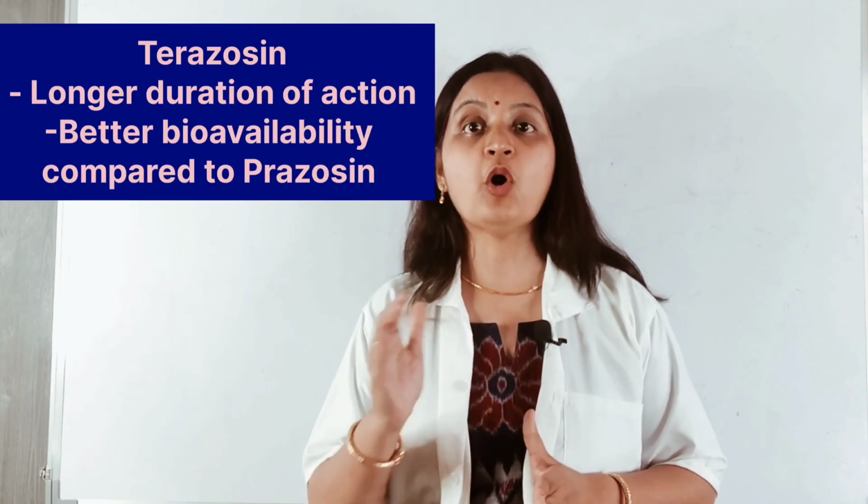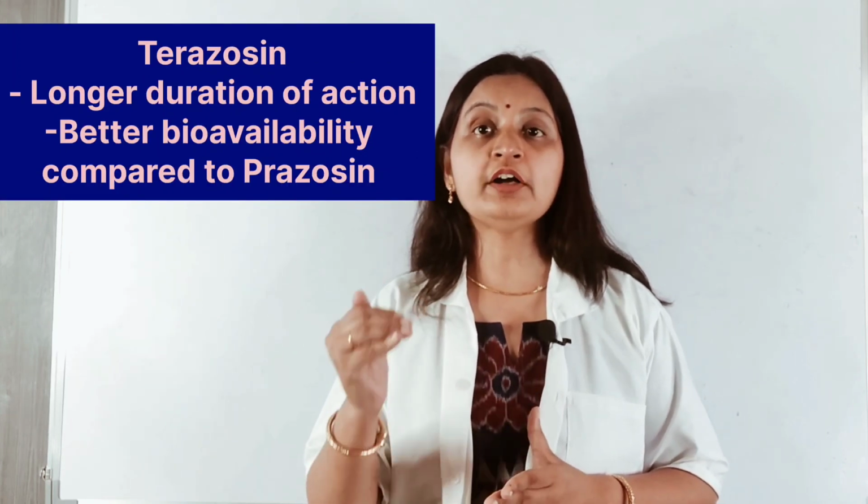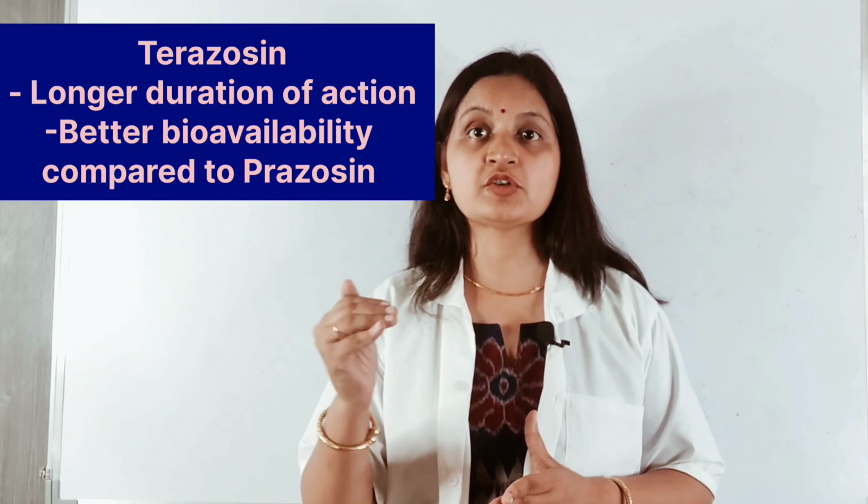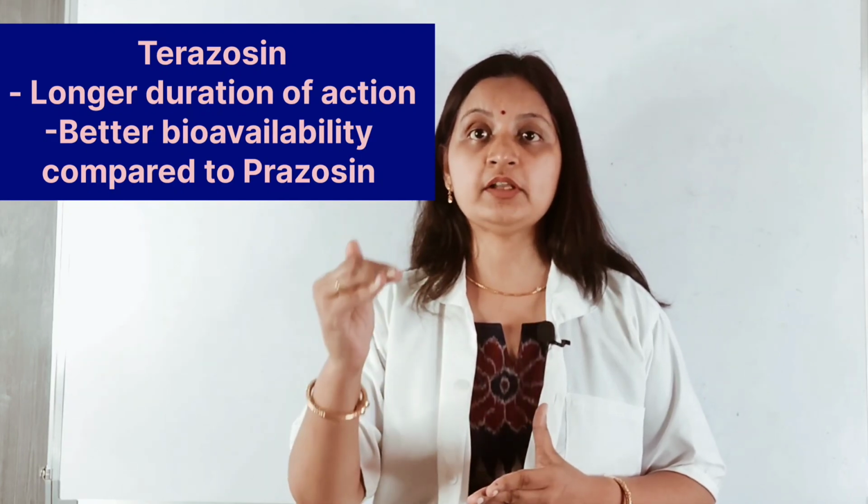Now let's talk about terazosin. Terazosin is also a highly selective alpha-1 blocker, a potent drug that reduces blood pressure and is useful for the treatment of hypertension. Terazosin has a longer duration of action compared to prazosin and has better bioavailability.